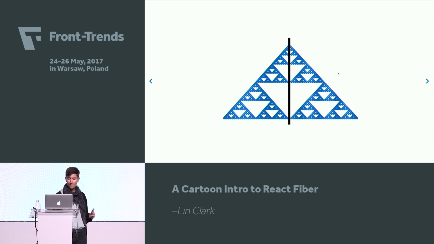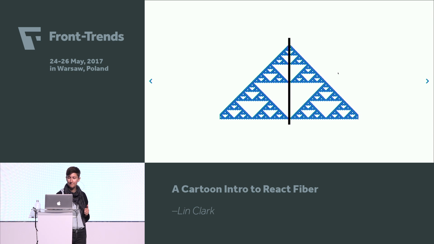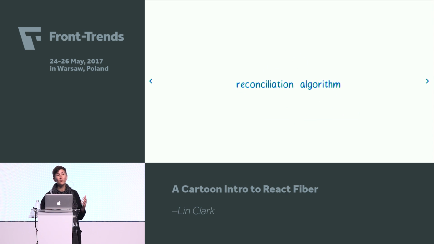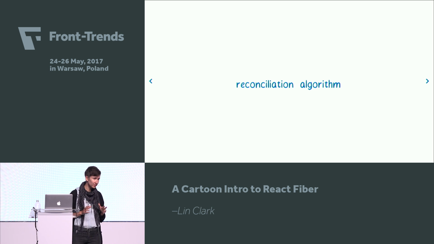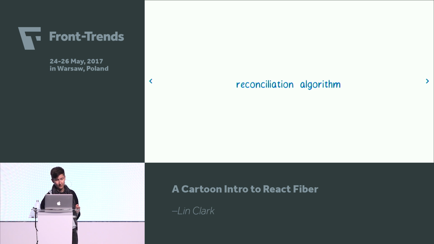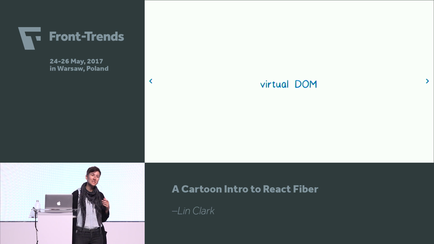Now that you've seen what it can do, I want to explain what it is. Fiber is the new reconciliation algorithm for React. That terminology, reconciliation algorithm, may be new to some of you. So I'll explain where that comes from. When React first came out, the killer feature was the virtual DOM. The reason that was a killer feature was because it made coding user interfaces so much easier.